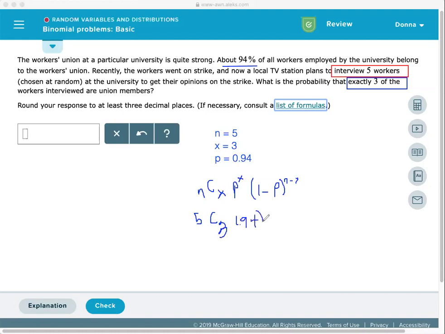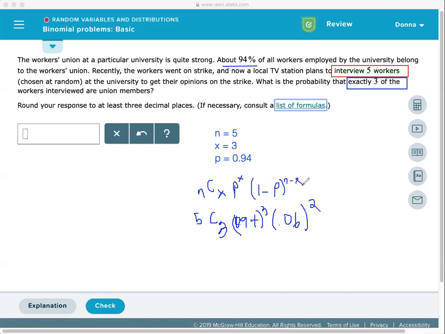to the 3rd power. I apologize for my mouse writing, it's really kind of sad. There we go. And then 1 minus 0.94, we can either do that with our calculator, or we can think of it as money. 1 minus 94 cents is 6 cents. And then 5 minus 3 is 2.